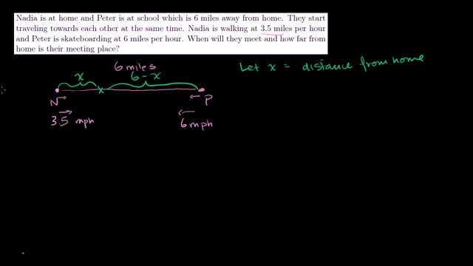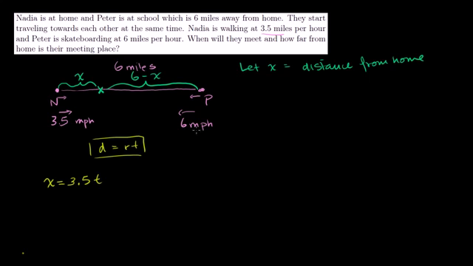And they're going to travel the same amount of time. Remember, they both leave at time 0, and after time t, they will both meet right there. So Nadia's equation, if we remember that distance is equal to rate times time: the distance she travels is x, so x is equal to her rate, 3.5 miles per hour, times t, the time she travels.